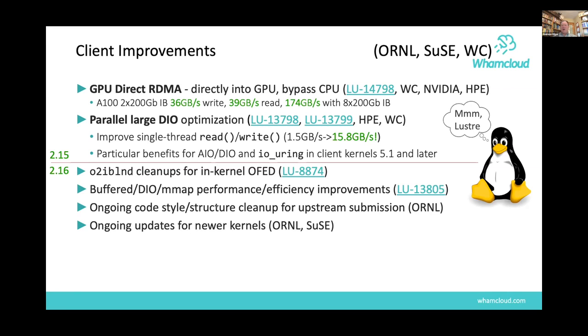This is kind of an ongoing goal from Oak Ridge to really sanitize the code and get rid of old cruft that's existed. Lustre first added, I think, support for 2.4 kernels 20 plus years ago. And so a lot of that stuff is getting taken out.